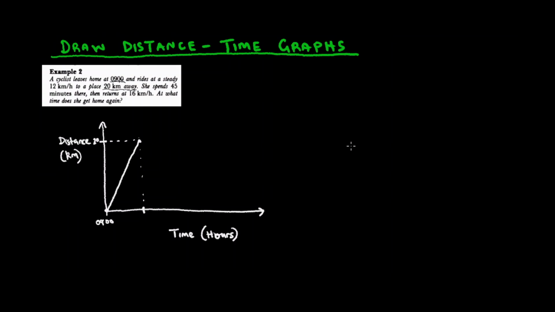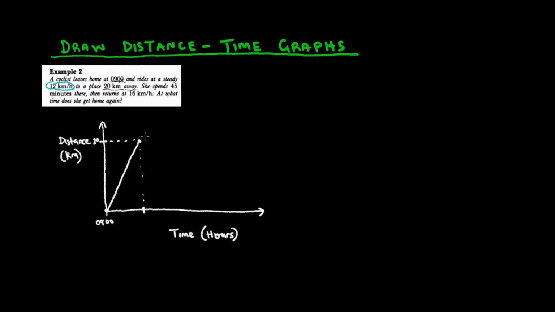Let me try to reframe. We looked at this 12 kilometers per hour speed. Do we understand that speed is the gradient of the distance time graph? So our journey starts at 0900 hours, covering a distance of 20 kilometers. We want to know the time taken at a speed of 12 kilometers per hour.